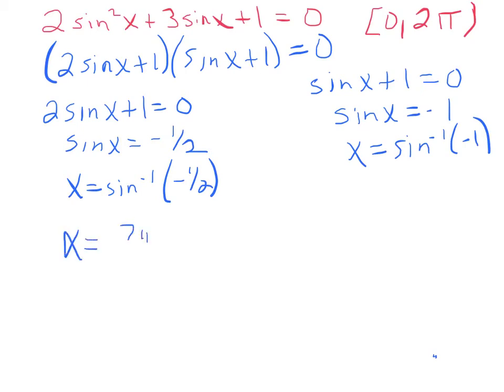I'm going to end up with 7 pi over 6 and 11 pi over 6. And over here, the inverse sine of negative 1, I'm going to get 3 pi over 2. Okay, so those are all of the angles between 0 and 2 pi that are going to have those values and satisfy that initial equation.